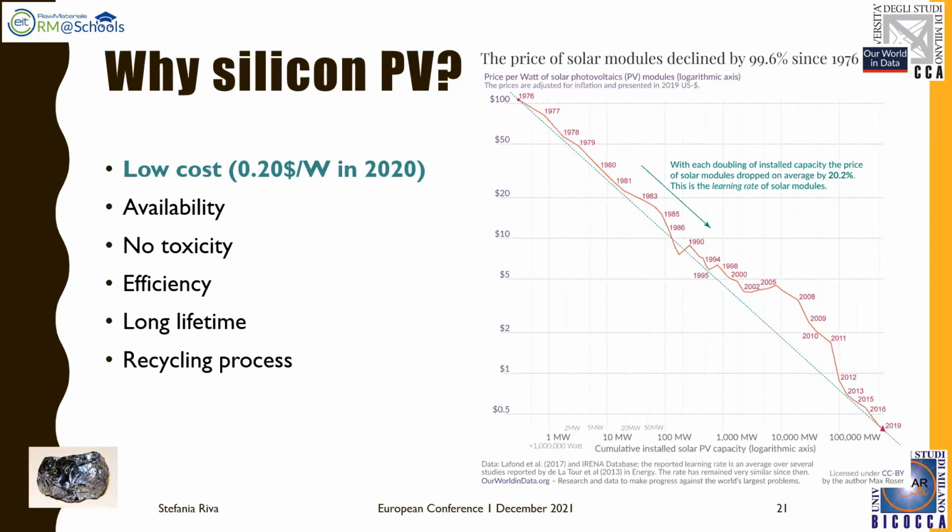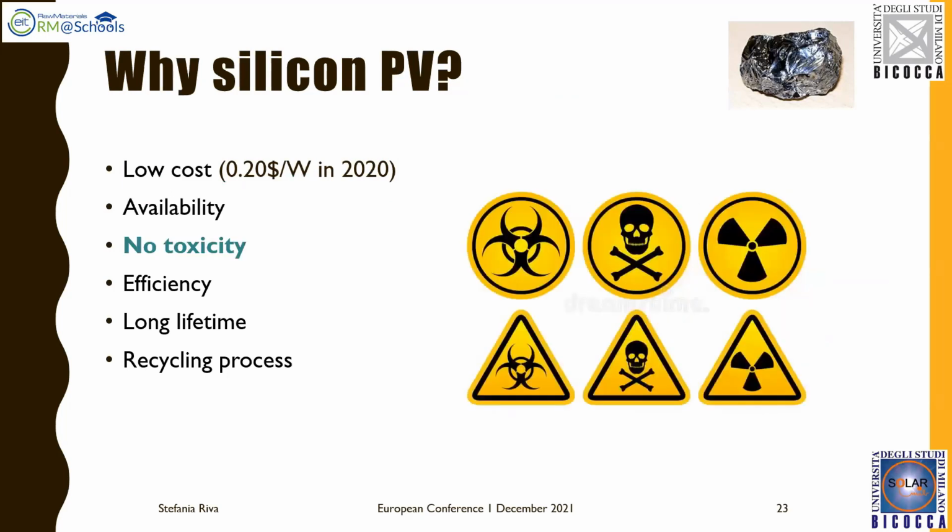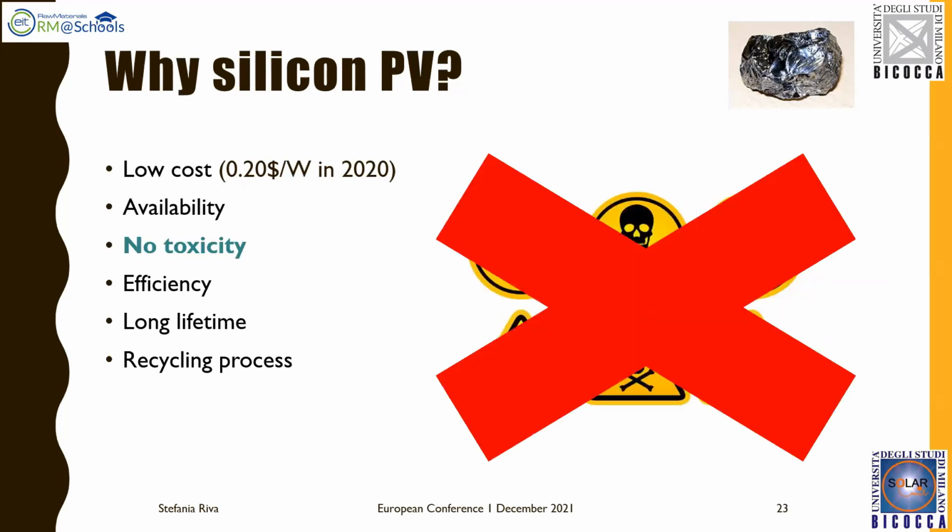The first one is that the price of solar modules is low, at $0.20 per watt. Silicon photovoltaics is based on silicon, which is the second most abundant element on Earth. Then, the silicon panels are not toxic.